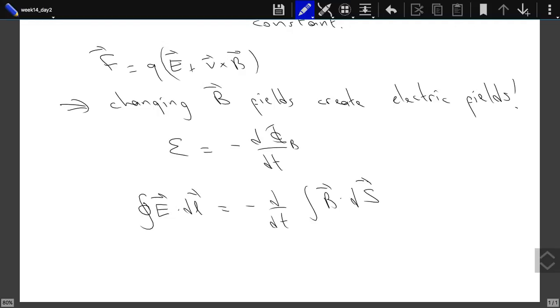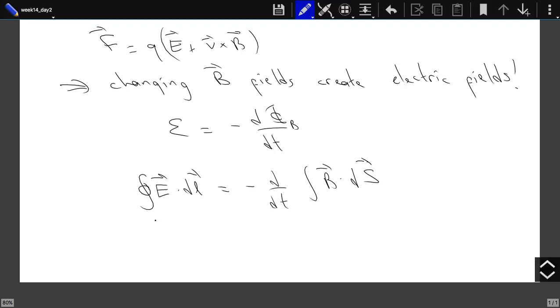On the right-hand side, the magnetic flux is defined as the integral of B over the surface. And in this equation, since I'm considering a case in which my circuit is not changing its shape, the only thing that depends on time is the B field. So the left-hand side, I can convert to a surface integral also, by using Stokes' theorem: the curl of E integrated over my surface, bounded by my loop.